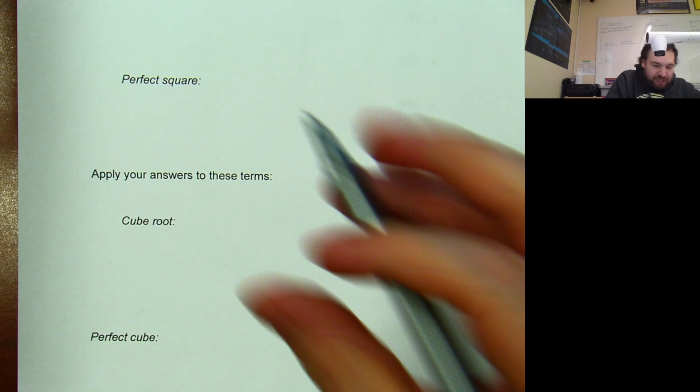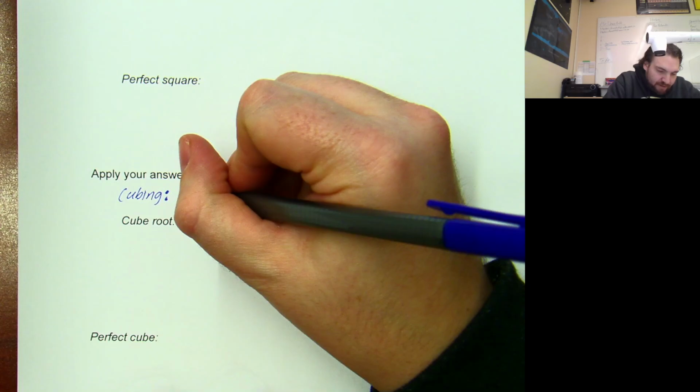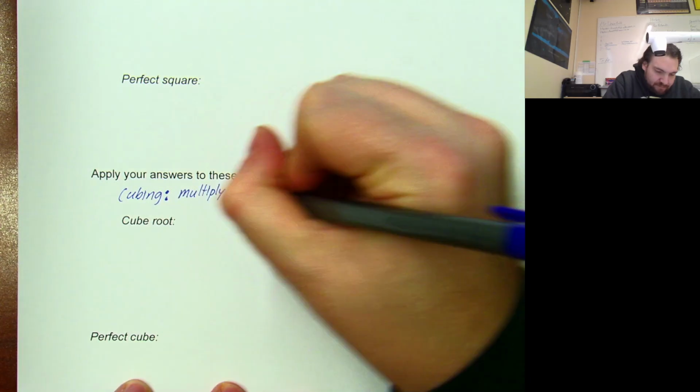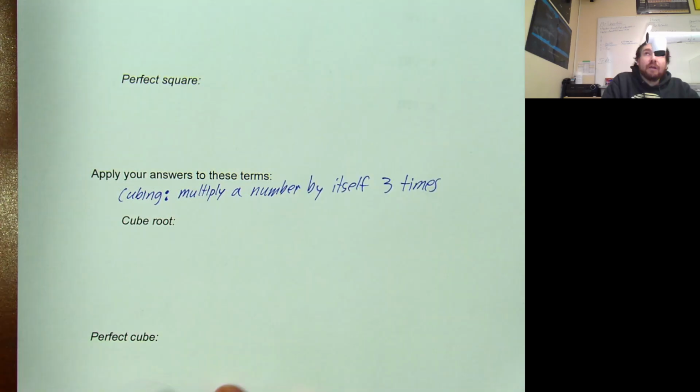Cubing is, how would you explain it if you had to explain it to someone? Multiply a number by itself 3 times. Cool. Like that.